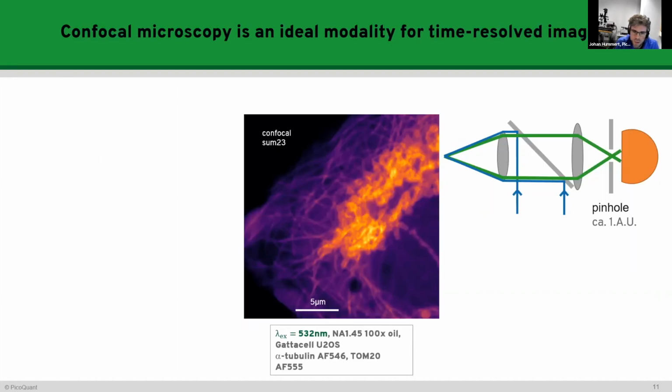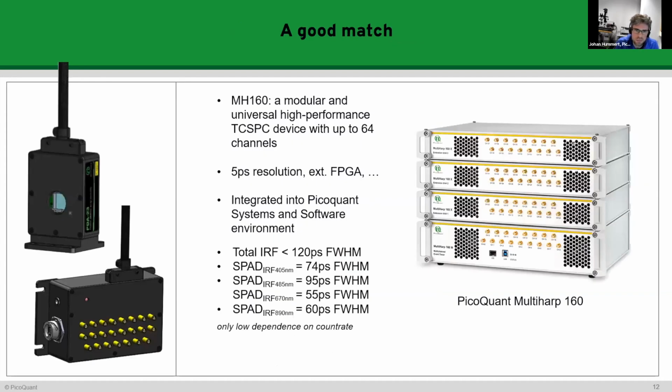And the typical confocal image would look like you see in the example here. Now, this can be combined with the detector that Michel just presented. So in collaboration with PicoQuant, there was this 23 pixel SPAD developed, which is then combined with the PicoQuant TCSPC, so a multi-channel TCSPC up to 64 channels.